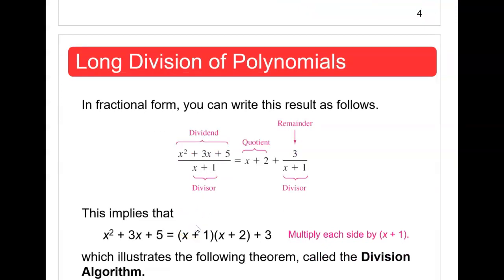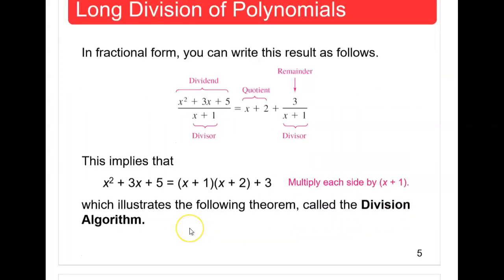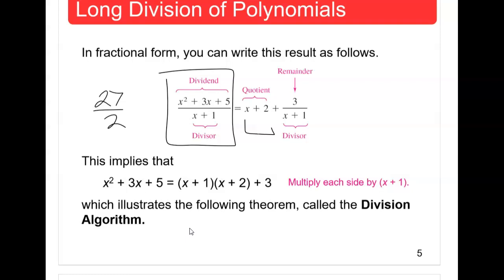And we could write the result like we had here, the 27 over 2, that is our dividend divided by the divisor. That was my example. And then the quotient, remember when we had that 13?